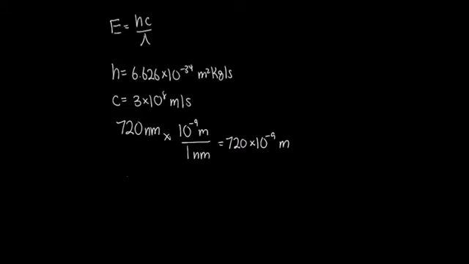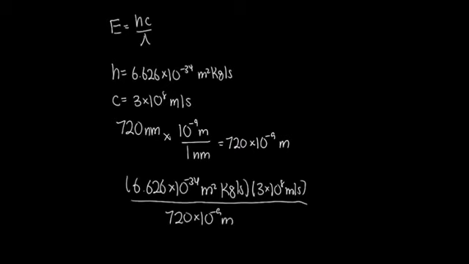And we divide that by the wavelength, which is 720 times 10 to the negative 9th meters. And we get a value of 2.76 times 10 to the negative 19th kilogram meter squared per second squared, which is equivalent to joules. So the final answer is 2.76 times 10 to the negative 19th joules.